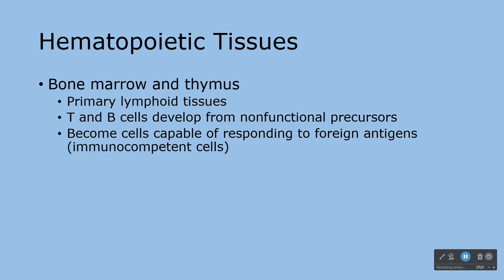And that's what we want our cells to be. We want our cells to be immunocompetent. And this occurs in the bone marrow and also in the thymus. Once they're formed in the bone marrow, they're basically designed to say, okay, I'm going to become a T cell, I'm going to become a B cell, based off of chemicals. They're called cytokines, if you want to write that word down.